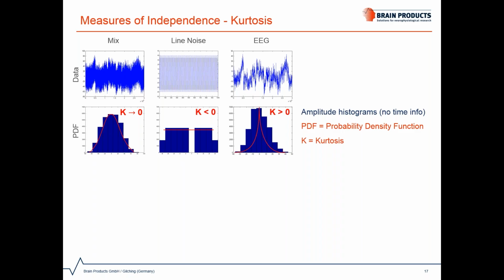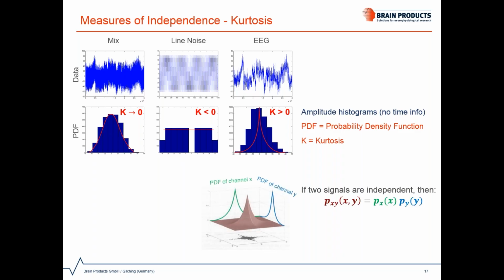As you can see, the probability density function of the signal mixture is Gaussian. The kurtosis of this distribution is 0. The other source signals show non-Gaussian distributions. Line noise shows a flat distribution with a negative non-zero kurtosis, while the EEG signal shows a peaky narrow distribution, which has a positive non-zero kurtosis.